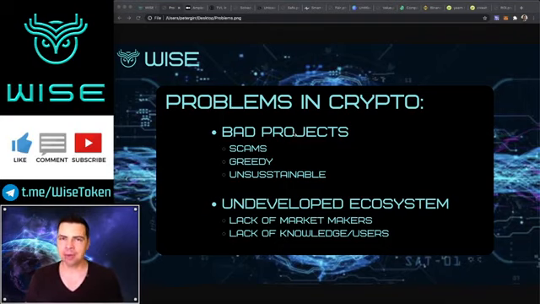And then the last type of bad projects are just unsustainable. Just because somebody makes a cryptocurrency does not mean they know what they're doing, and it doesn't mean they have designed it in a way that's going to last. These are new things, and anybody can create crypto. Anybody who puts a team together or can code can create a cryptocurrency.